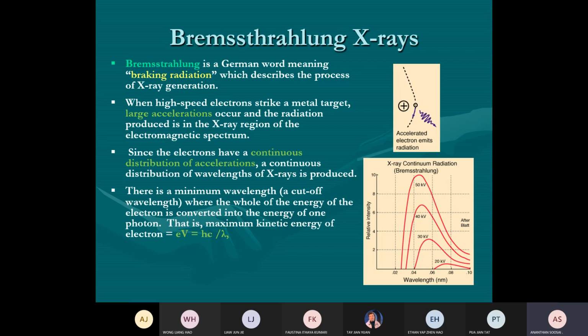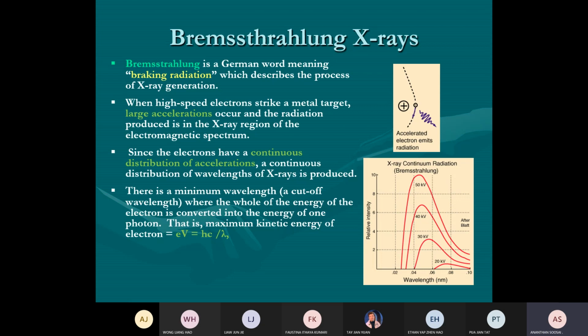First of all, why does radiation happen for the electron? Because the electron experiences a series of accelerations. It slows down, it slows down. The acceleration is actually deceleration. So when it slows down, the energy converts to EM radiation. That's the first point: how the electron produces EM radiation.